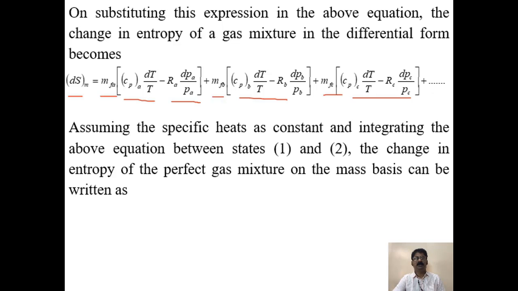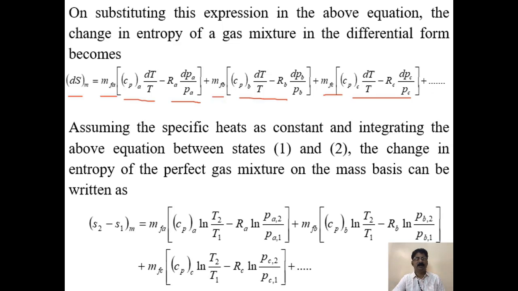Assuming the specific heats as constant and integrating the above equation between states 1 and 2, the change in entropy of a perfect gas mixture on the mass basis can be written as, look at here, S2 minus S1 for the mixture, mfa times Cpa, if it is constant, so integration of 1 by t with respect to t here is nothing but ln t. If you apply the limits, it becomes ln t2 by t1.